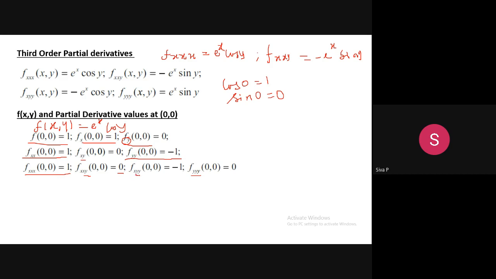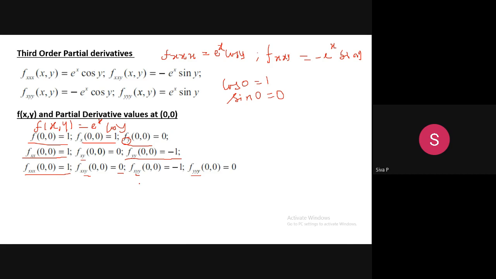Okay, are you able to understand? Any doubt in this point? See, for x, whether it is an odd number of x or an even number of x, whatever it may be, that value will come.